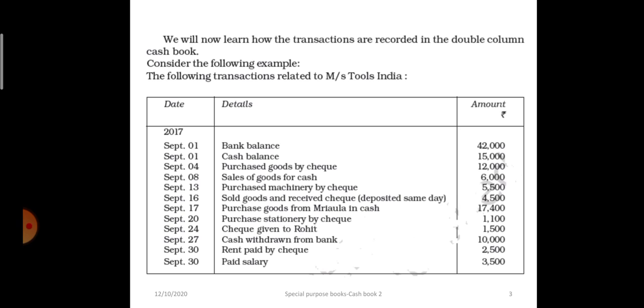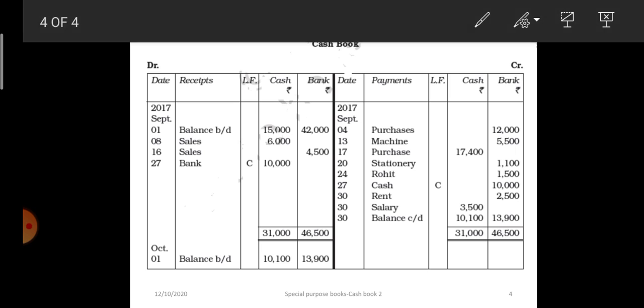That means we have overdrawn from our bank more than the amount we had. It will be a credit balance, a liability for us. So let's check the other slide. For bank balance and cash balance, on the debit side we will write To Balance b/d 15,000 and 42,000 rupees. On the debit side the cash and bank balances are recorded.